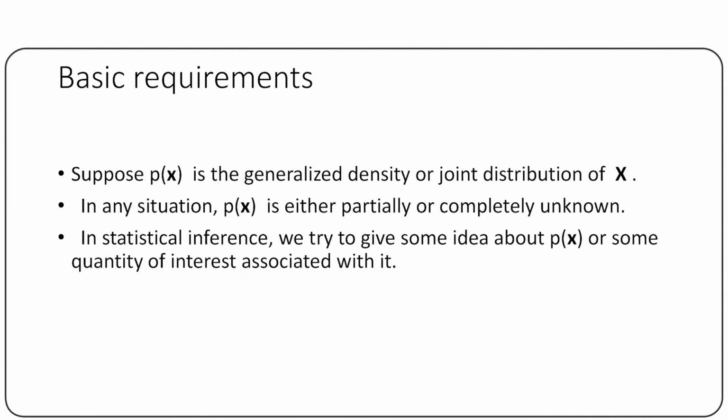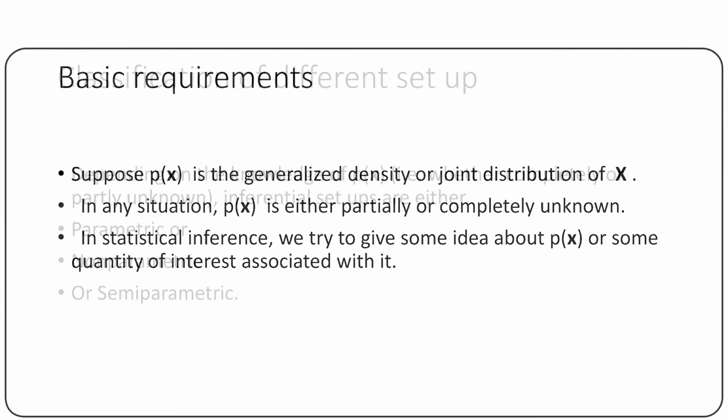Now, for further development, assume that Px is the generalized density of data. That is, Px may be a probability mass function or a probability density function. In any situation, Px is either partially or completely unknown. In statistical inference, we try to give some idea about Px or some suitable function or functional of Px.